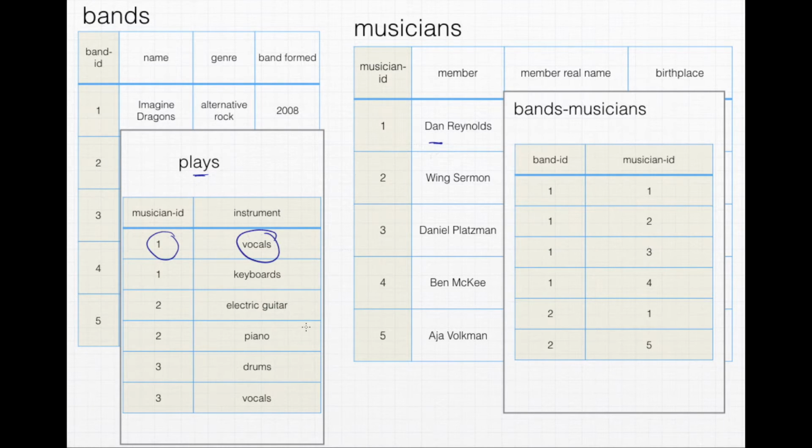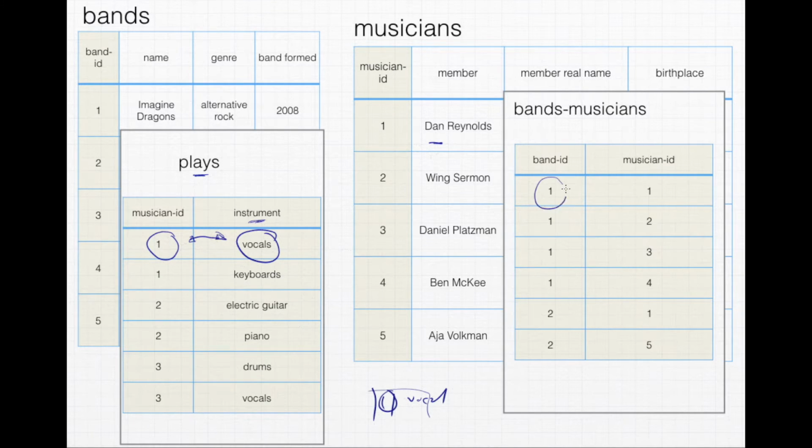Notice I didn't make a little instrument table here with an index of 1 and it being vocal and then having a junction table. I don't need that here. The only information I have is the name of the instrument. If I had more information about the instrument, like instrument family or whatever, I'd make a separate instrument table, but you don't need to mess up the design by having unnecessary multiple tables.